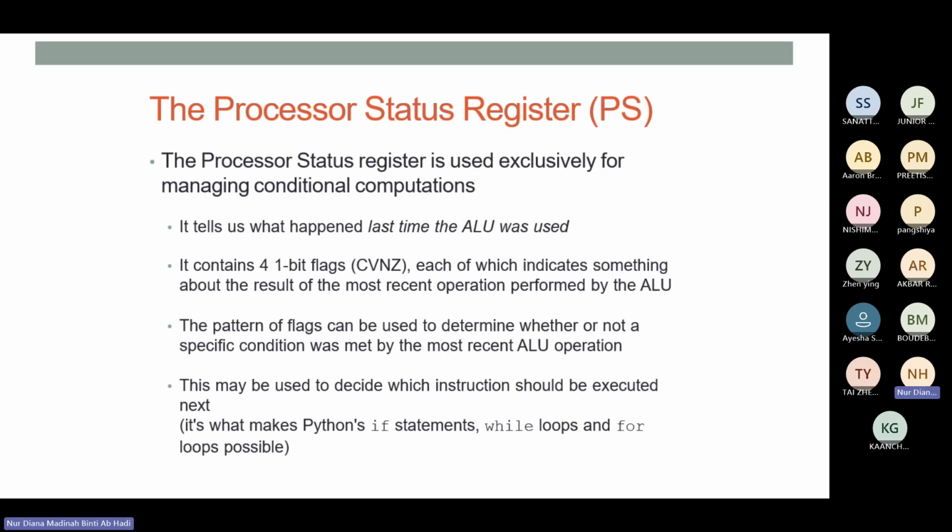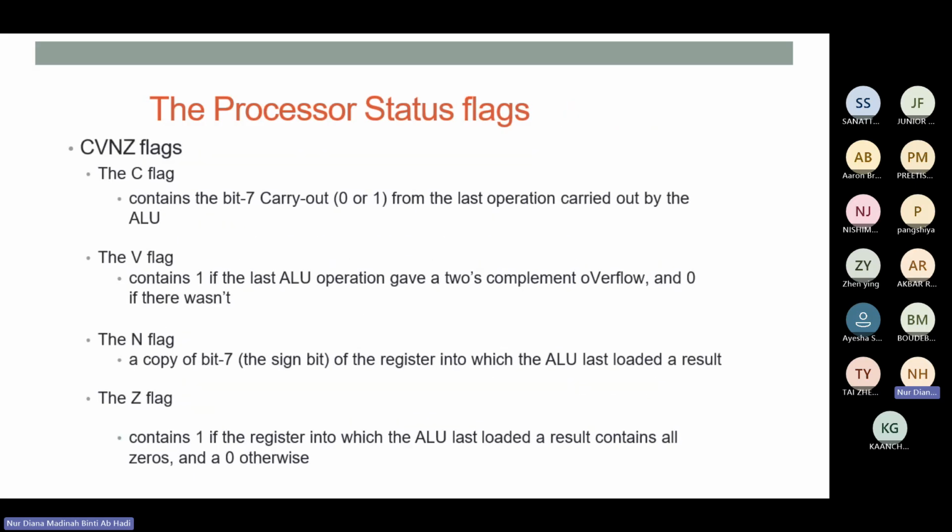The pattern of flags can be used to determine whether or not a specific condition was met by the most recent ALU operation. So these may be used to decide which instruction should be executed, for example when we use the if statement, while statement, or for statement in our coding. So these would be the four processor status flags.